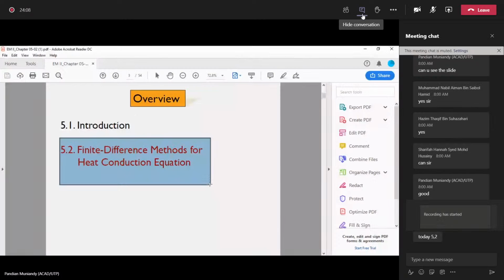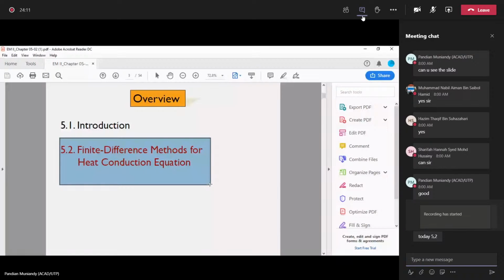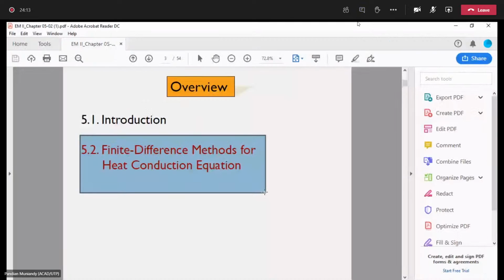These methods can solve one particular problem, the heat conduction equation, which is very important in engineering. Heat conduction equation is one of the famous important partial differential equations. Last week we just saw the general introduction to PDE.